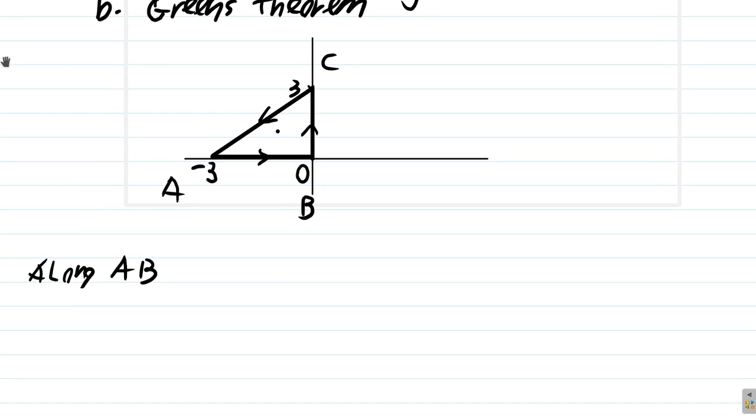So, examine the curve. In this case, x is equal to, what is x? Well, so let x be t, because you have x that keeps changing. So x is t. Going along this section of the curve from A to B, you have x as -3, then it changes constantly until it reaches 0. What about y? Y is 0, because it's moving along the x-axis, so y is always 0 and it doesn't change.